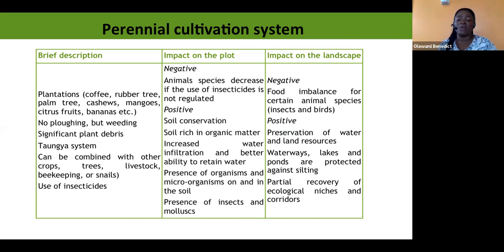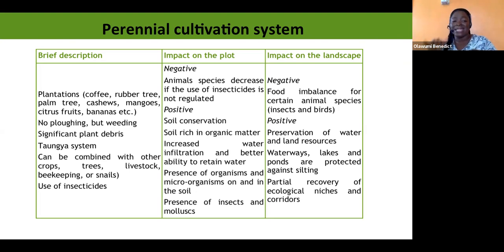Then there's presence of organisms and microorganisms, because if the soil's ability to retain water is increasing, then you're going to have more microorganisms in the soil. And then there's presence of insects and mollusks. If we look at the impact on the landscape, the negative impact is food imbalances for certain animal species.